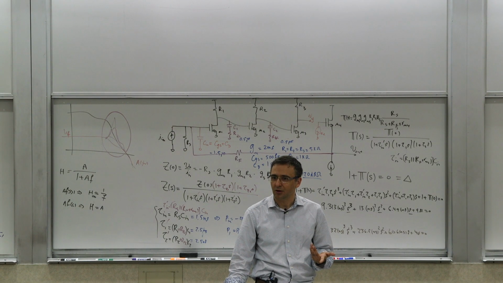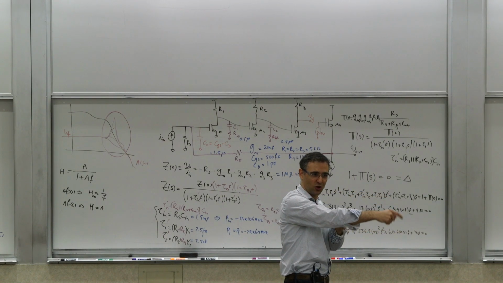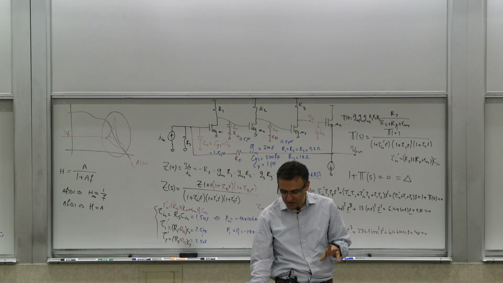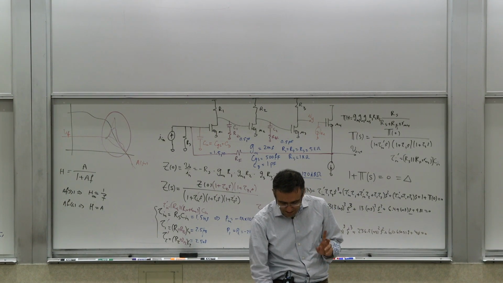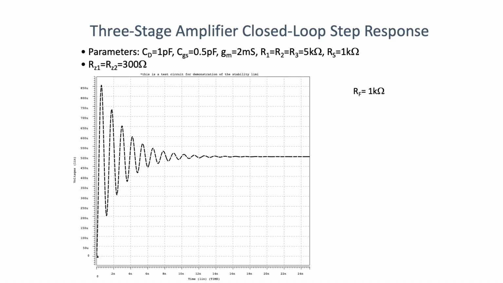So intuitively, you may think that, okay, what goes in comes back stronger, so next time it goes back in, it comes back stronger, so it's going to grow, right? And there are 2 frequencies at which it grows. But now here's the punchline. This is the step response of the system. It's a decaying sinusoid.